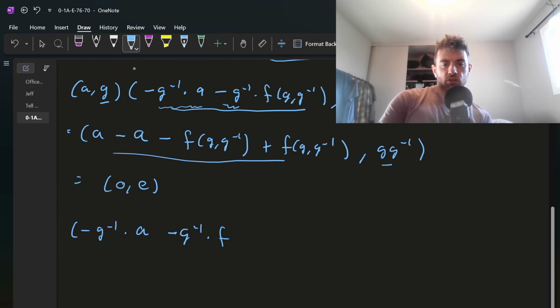So G inverse dot F G inverse here times AG.